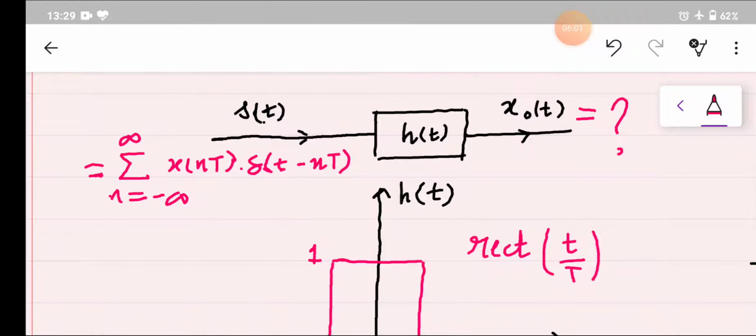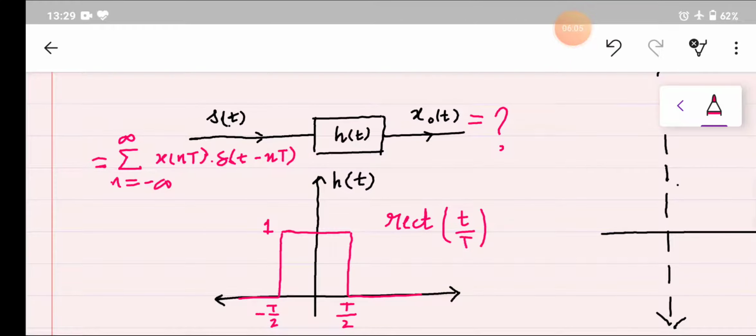You have seen this in our previous video: ST is an impulse train with magnitude of x(nT), the magnitude of the continuous time signal at each pulse, which defines the magnitude of ST.